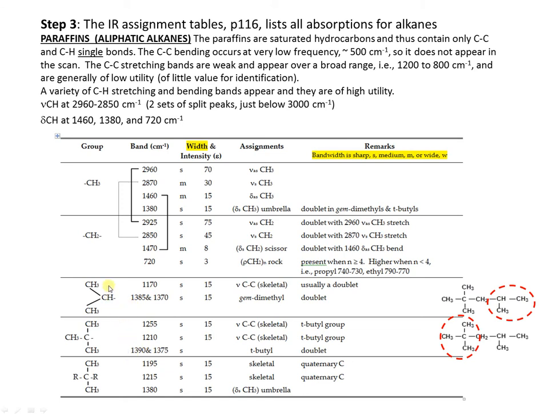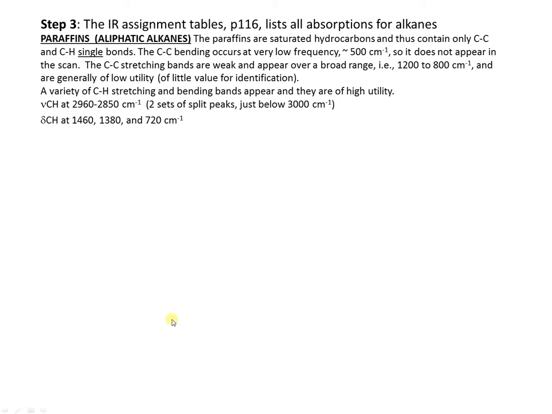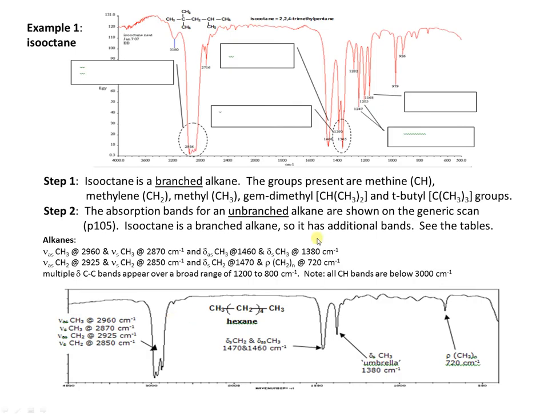In addition, this gem dimethyl has a unique absorption at 1170. It's due to a carbon-to-carbon stretch, and the t-butyl group has two unique absorptions at 1210 and 1255 as well, carbon-to-carbon stretches. Let's go take a look at those two, 1170 for the gem dimethyl, 1210 and 1255 for the t-butyl group, and we'll see them right here.